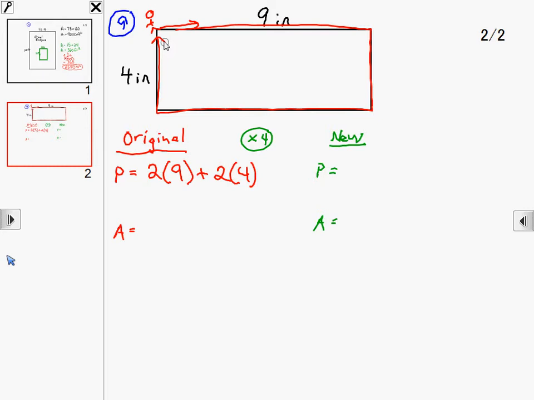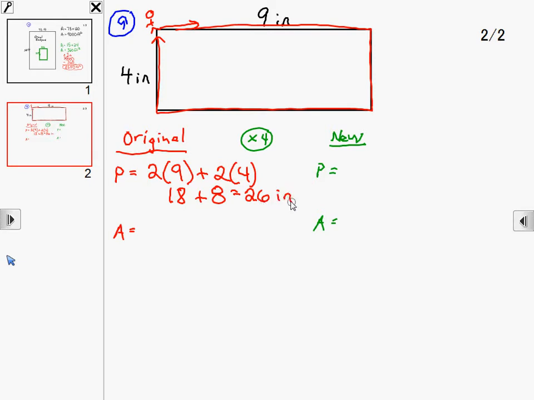There's 2 9s, which is 18. There's 2 4s, which gives us 8. So the perimeter is 26. And how do we label perimeter? Inches. 26 inches is the original perimeter.